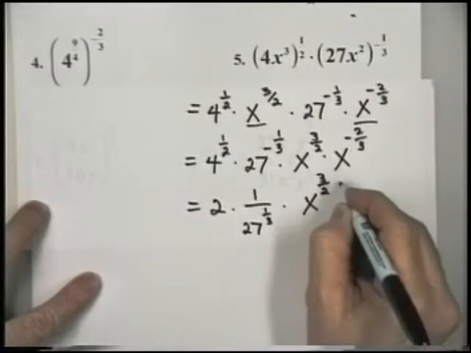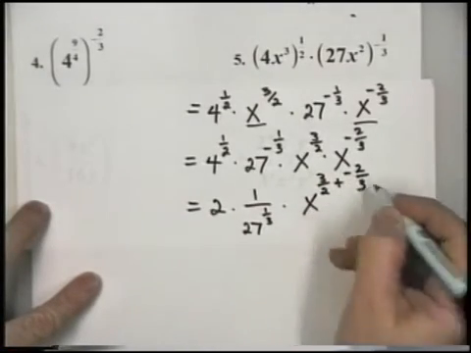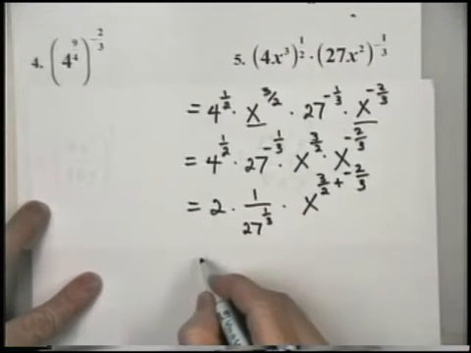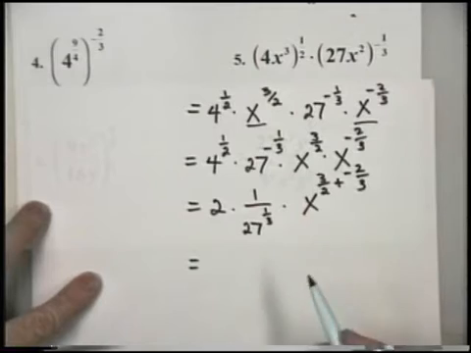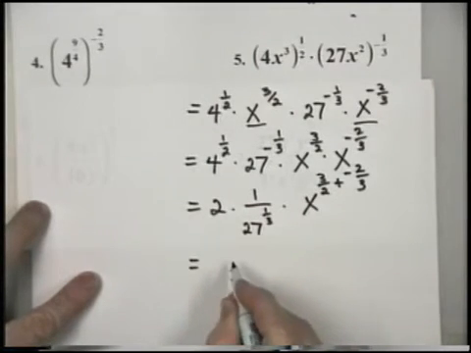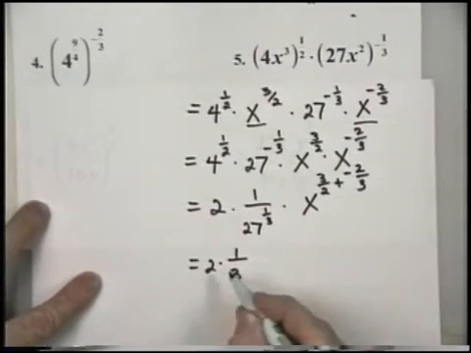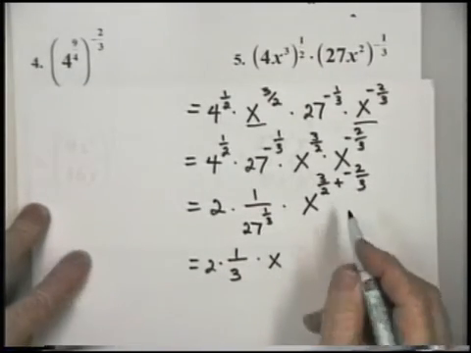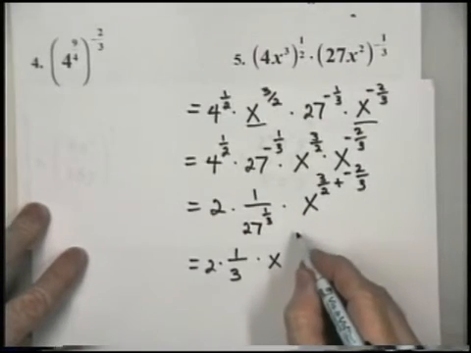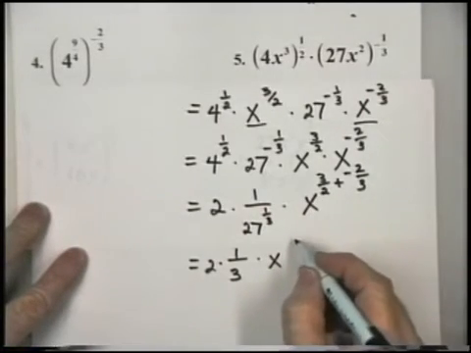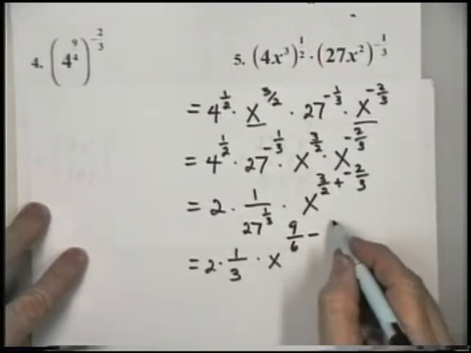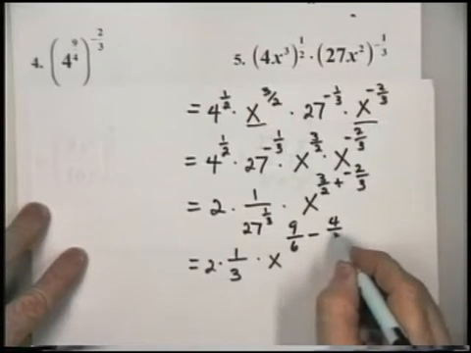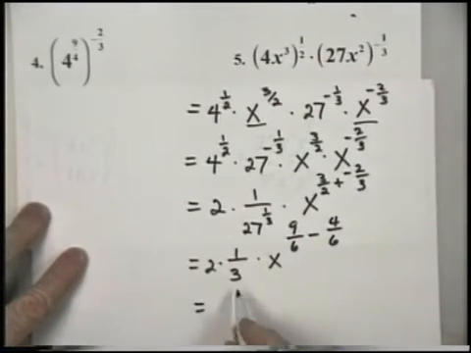And both of these being powers of x, we can add their exponents together. And one more step, 27 to the 1/3, yep, I know that, that's 3. So I have really 1/3, 1 over 3, times 2, times x, adding, changing those both to denominator 6, would be 9/6 minus 4/6.